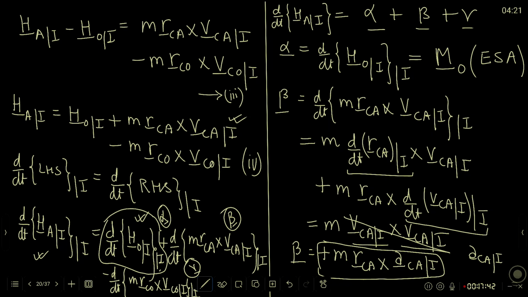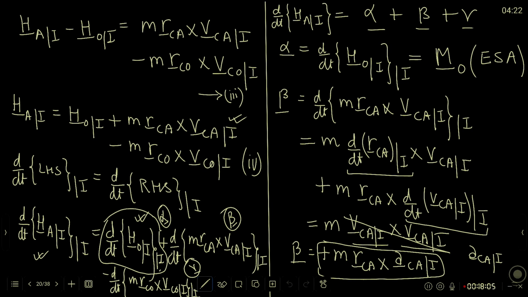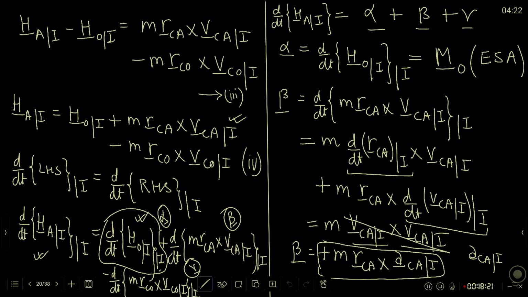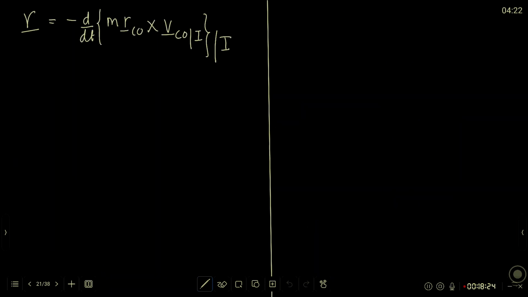Now if you go and look at gamma, gamma is m, a constant, and then you apply the time derivative once to r^CO, once to v^CO, you will get two terms.